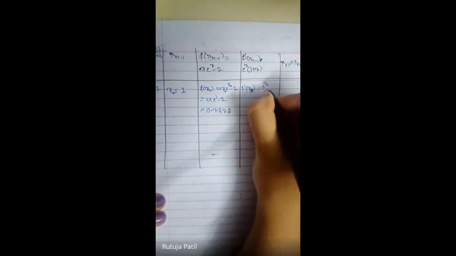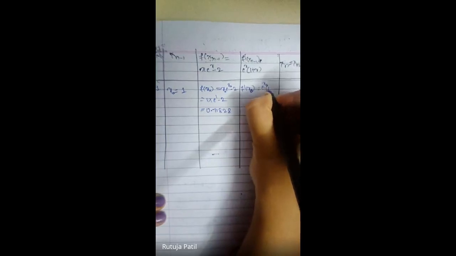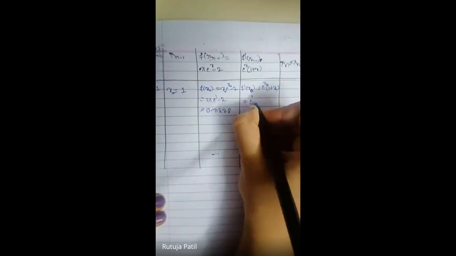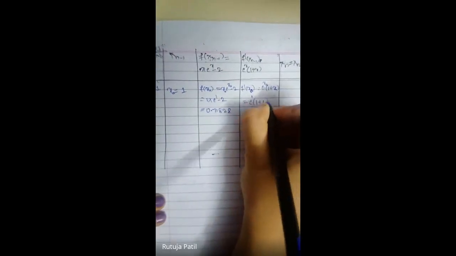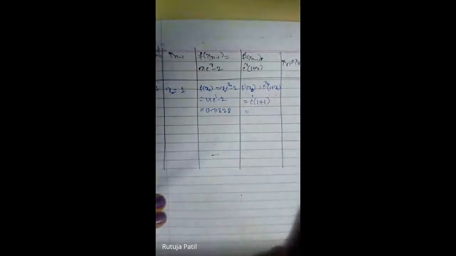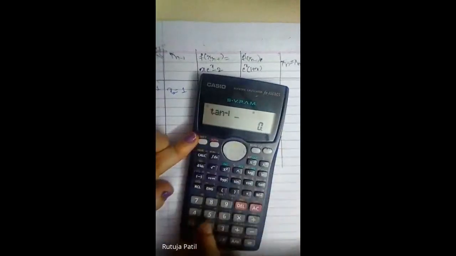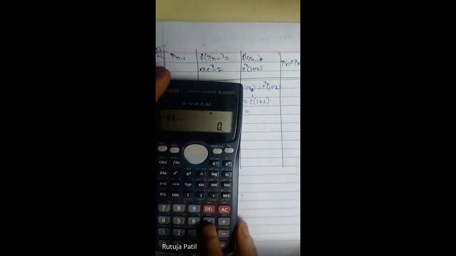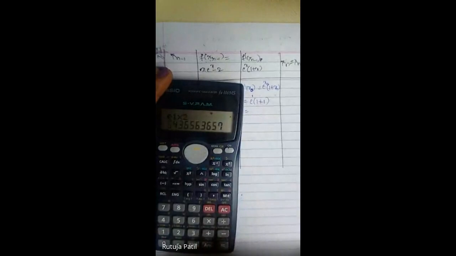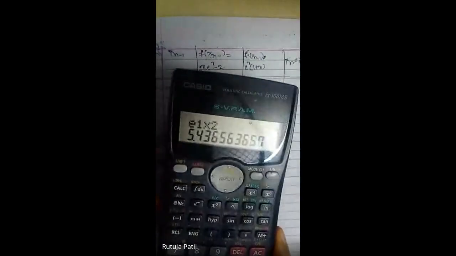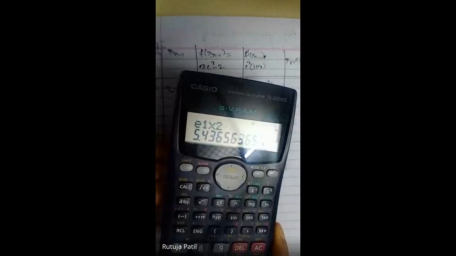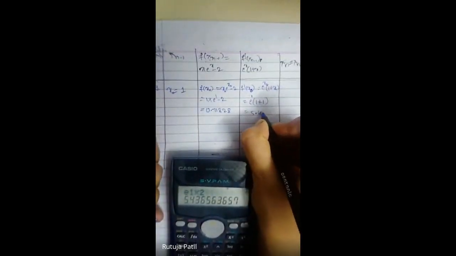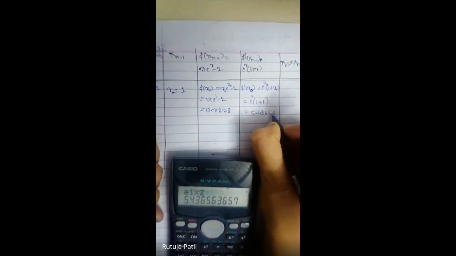So e to the power x naught into 1 plus x naught, that is e to the power 1 into 1 plus 1, which is 2. That is 5.43656.